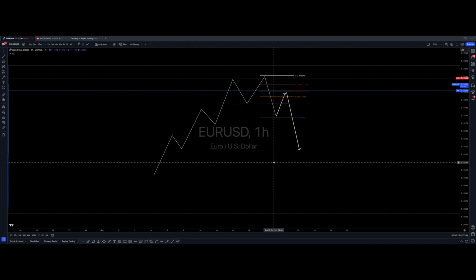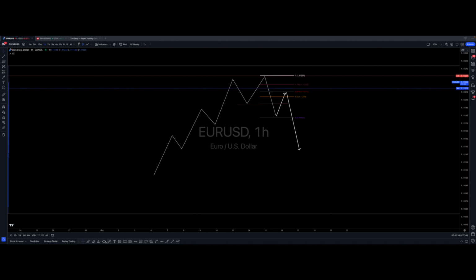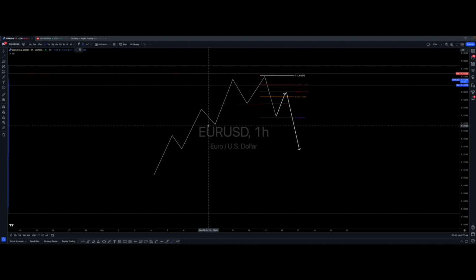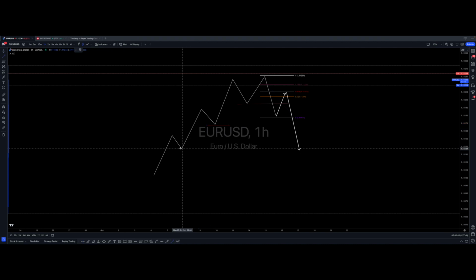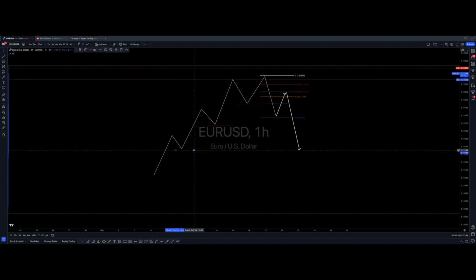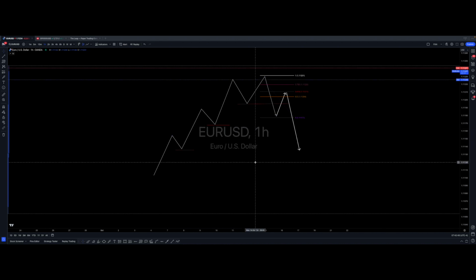That's all we're doing. When you simplify it like this, that's all we're doing. We're using essentially these areas here as take profit points, and that's it. 2-to-1 risk to reward ratio, using these previous pullbacks as targets.